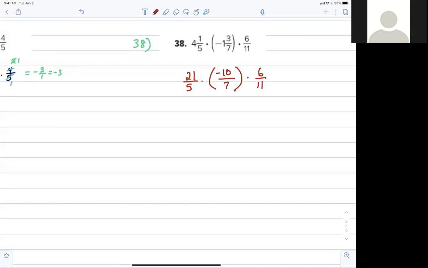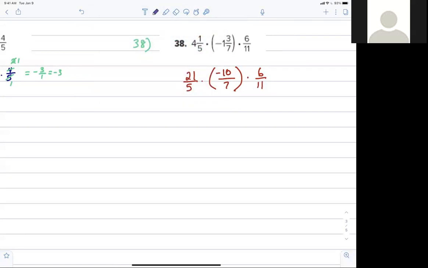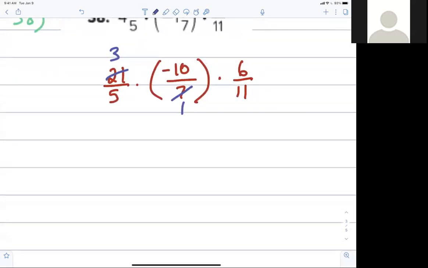So anyways, you divide, let's just start with 21 and 7. So 7 divided by itself would be 1, and 21 divided by 7 would be 3. Then we're left with 5 and 10. So 5 divided by itself is 1, and 10 divided by 5 is 2.